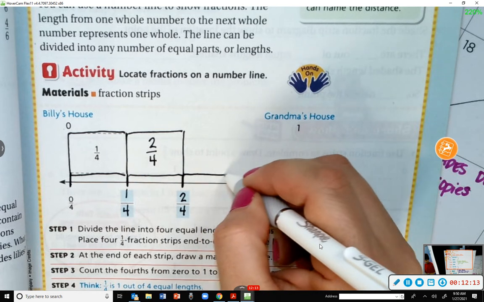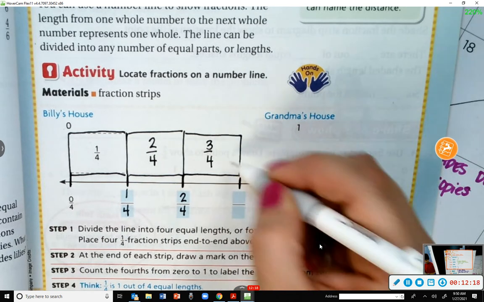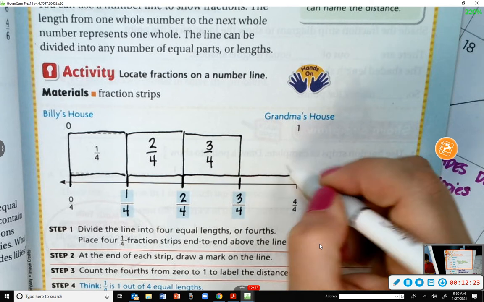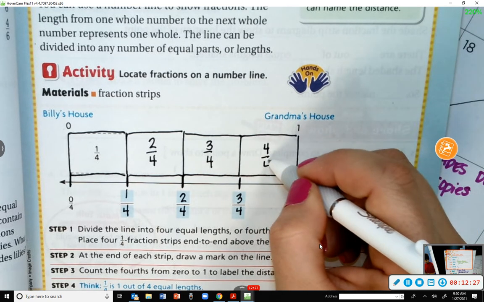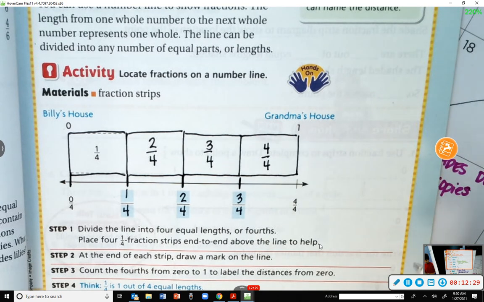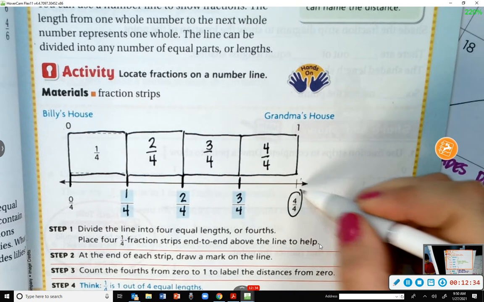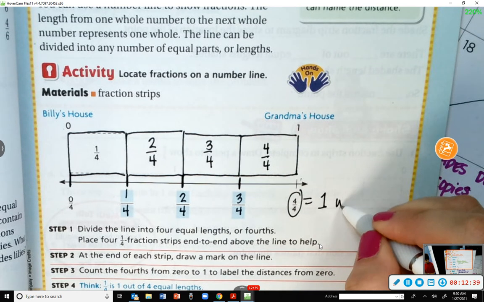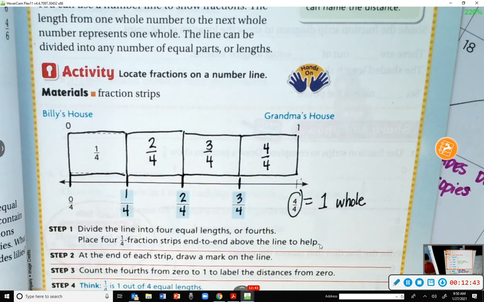So the distance from here to here is 3/4. Okay, and then one more piece would equal the whole thing, 4/4. Okay, so when you get to the end, your denominator and your numerator should be the same because that equals 1 whole. Anytime your numerator and denominator are the same, that equals 1 whole.